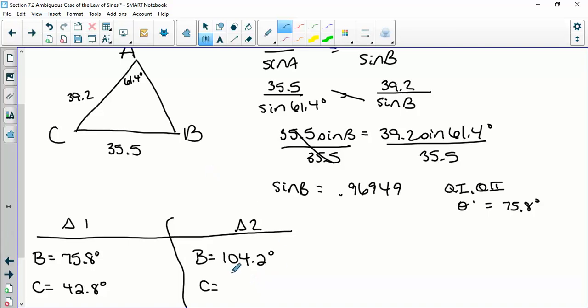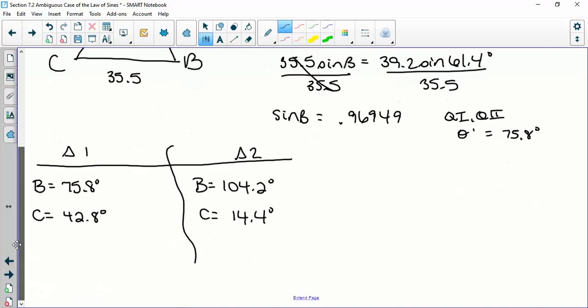In the second triangle, so 180 minus 61.4 minus 104.2, we get 14.4 degrees. All of this still possible? Yeah, we haven't gotten any negative angles or anything, so this is looking good.